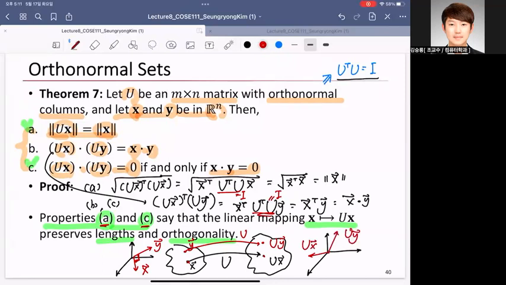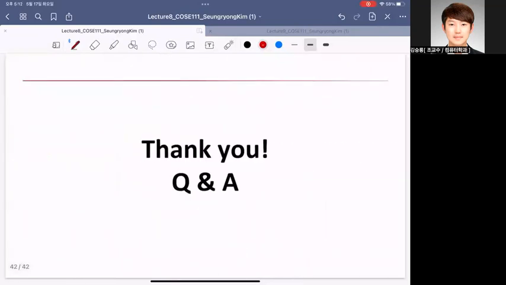The length of x and the length of ux should be the same, and orthogonality should be preserved after being transformed by matrix U. These are the properties of an orthogonal matrix. We'll use this kind of concept in QR decomposition. So here, please just remember what I explained. Okay, this is the end of chapter 6.2. Question.